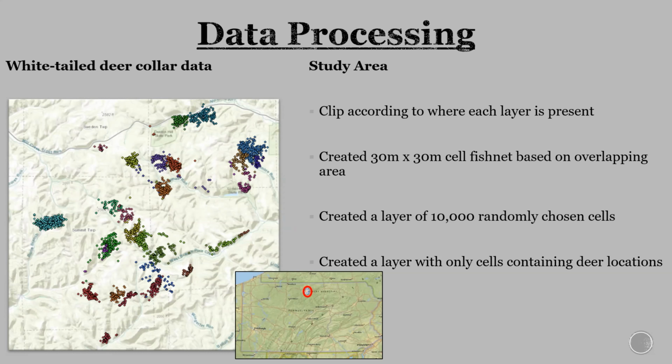And in order to do the statistical analysis later, I separated 10,000 randomly chosen cells from that fishnet. And then also did another layer that only contained cells with deer locations during the winter within it.